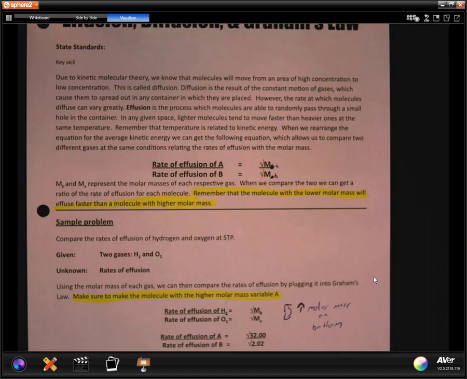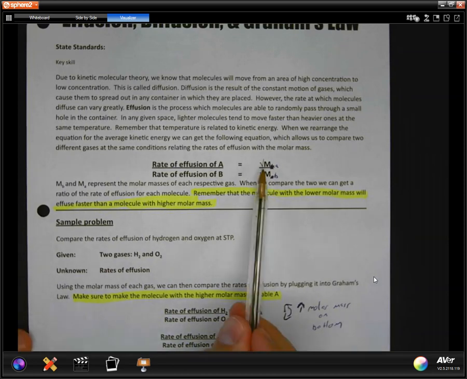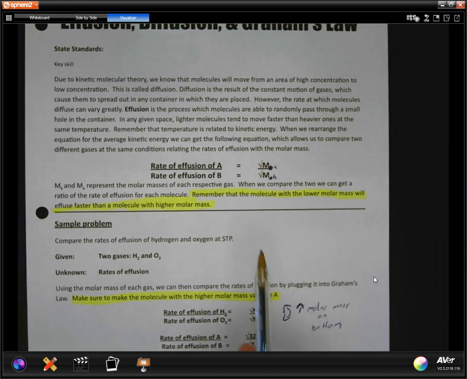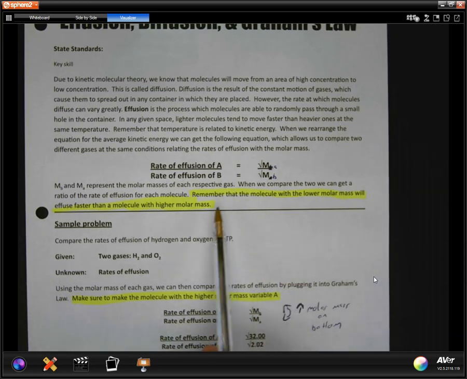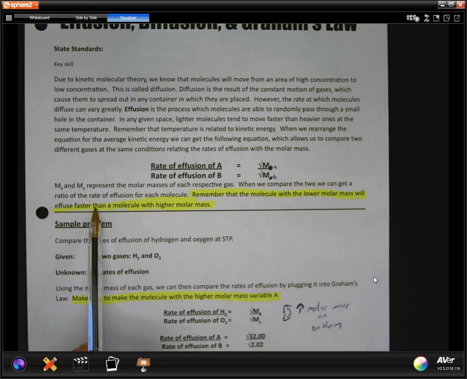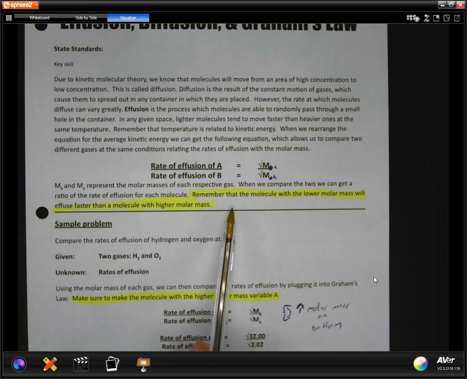So as you read through here, we see that Graham's law came up with this idea of how we can compare the speed in which things will diffuse based on their molar masses. And so the equation is simply the square root of their molar masses being compared. The key idea is that the molecule with a lower molar mass will diffuse faster. Things with a higher molar mass will diffuse slower.